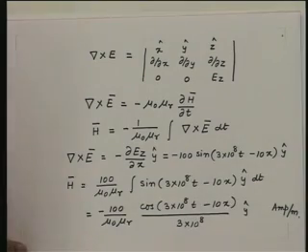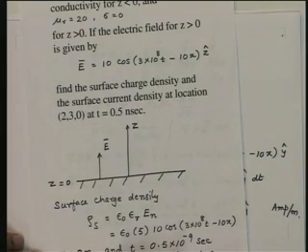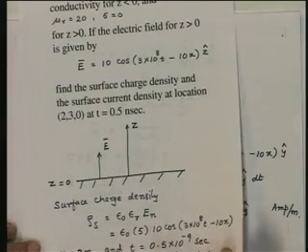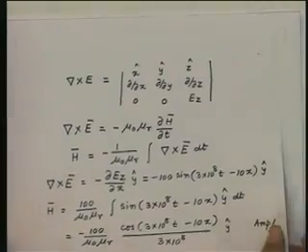So, now I know the magnetic field which is y oriented. If this direction is z, then the y oriented magnetic field will be tangential to this conducting surface, and then we can find out n cross h, which will give me the surface current.